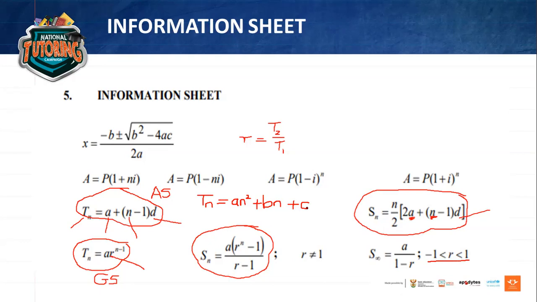Please make sure that you know this formula by heart, because it's not going to be given on the formula sheet. So this was adapted from the formula sheet. In this empty space on the formula sheet where they did not write anything, do put for yourself the formula for the quadratic sequence.